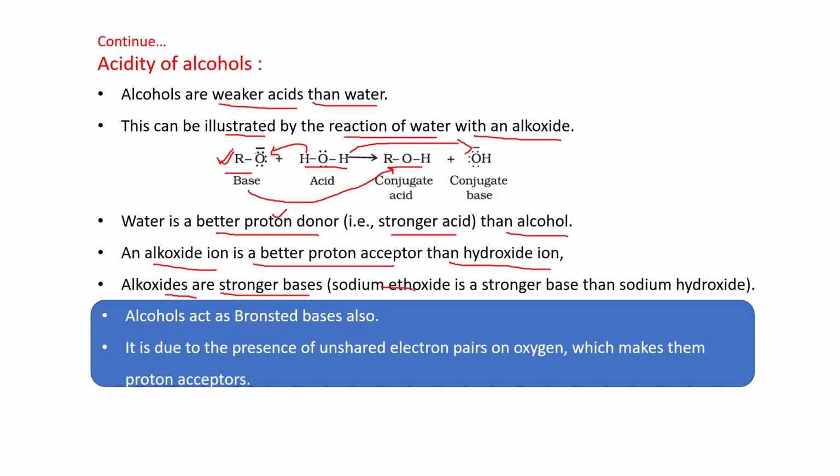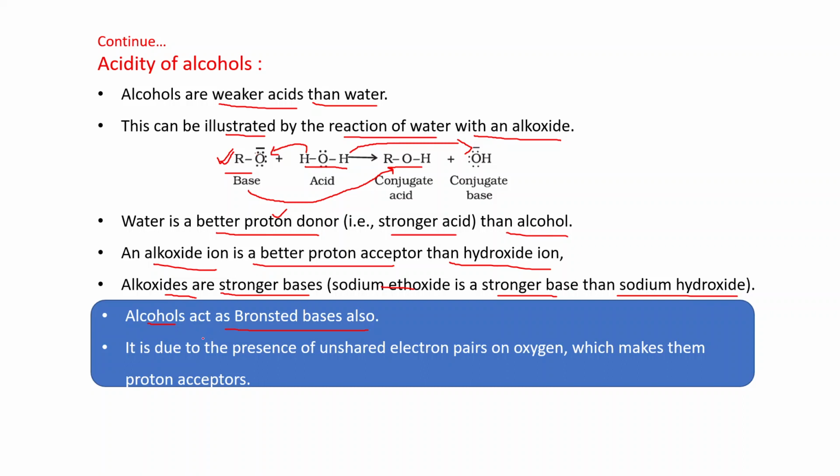Sodium ethoxide is a stronger base than sodium hydroxide. Now, alcohols act as Bronsted bases also. Whatever reactions we have discussed represent alcohols as Bronsted acids, that is, proton donors. But at the same time, alcohols can also act as Bronsted bases.